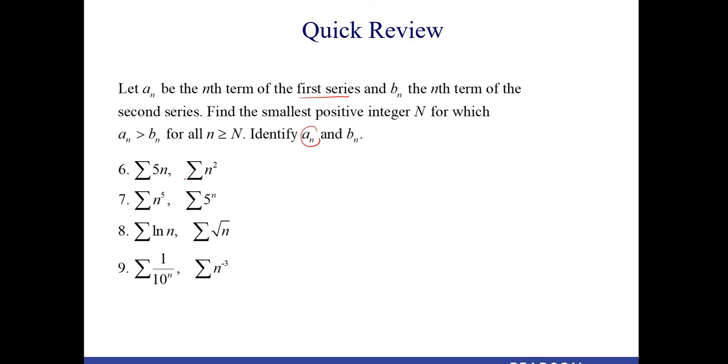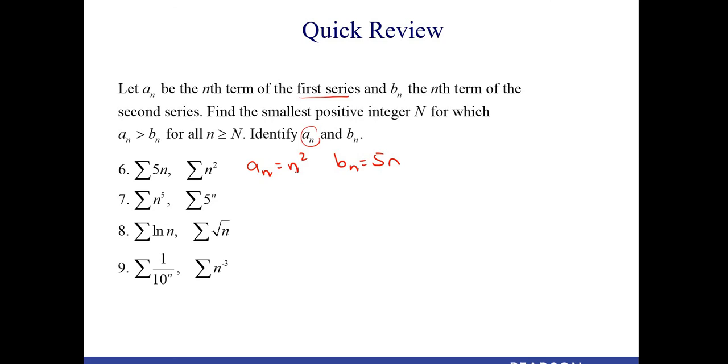So we want to know which one of these functions, 5n or n squared, will get bigger faster. So I think we can all say that a sub n is n squared, and b sub n is 5n, because at some point, as n increases, a sub n will always be bigger than b sub n.